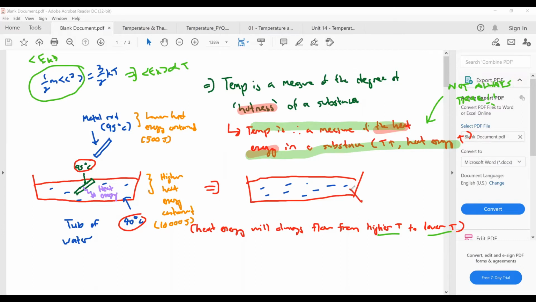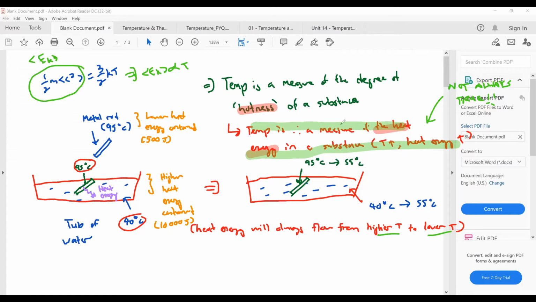So it could be that this one, originally being 40 degrees Celsius, may suddenly rise up to say maybe 55 degrees Celsius. And then the metal rod that you have would have its temperature drop from maybe 95 degrees Celsius to 55 degrees Celsius.